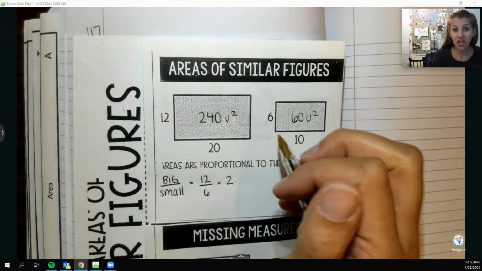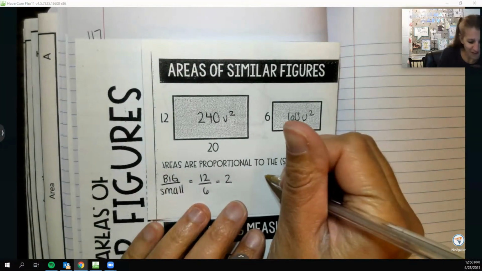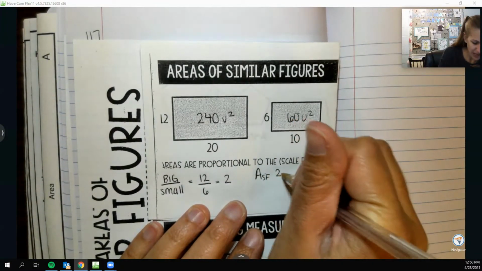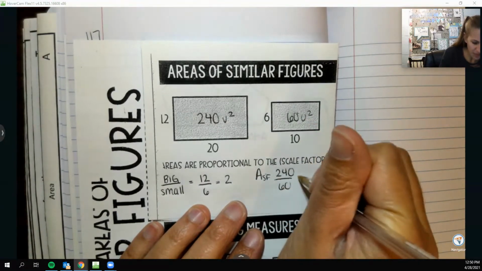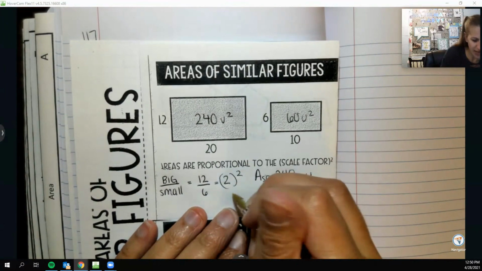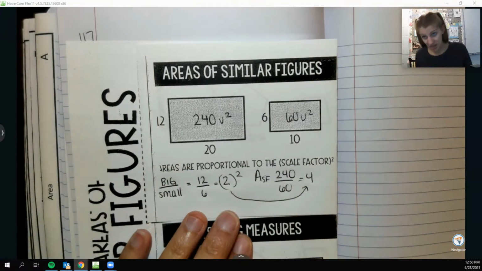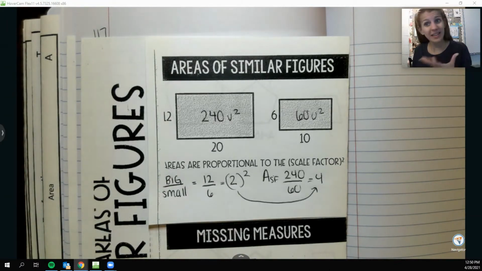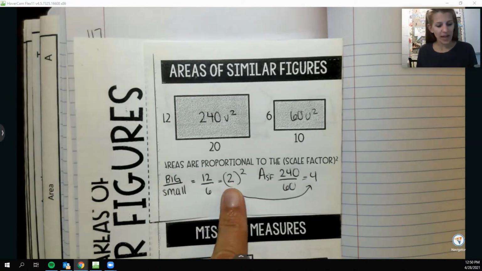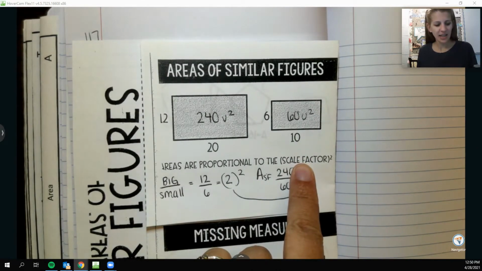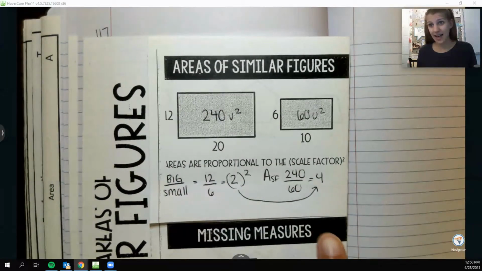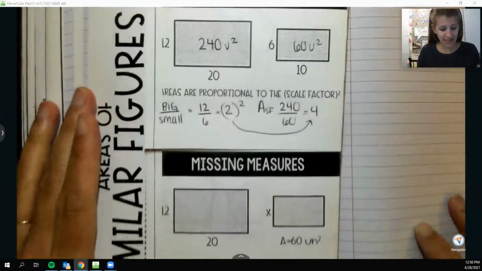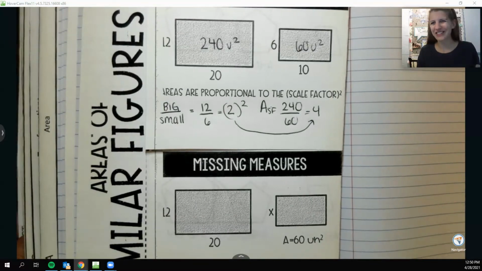But I think it makes sense that when I find the area scale factor by doing big over small, I get exactly the square of the scale factor of the sides. And I think it makes sense that it's squared because area is squared. So if I just square the scale factor, then I have the area scale factor, which is pretty great, because we can use that to help us find missing measures, which we'll do in just a second.